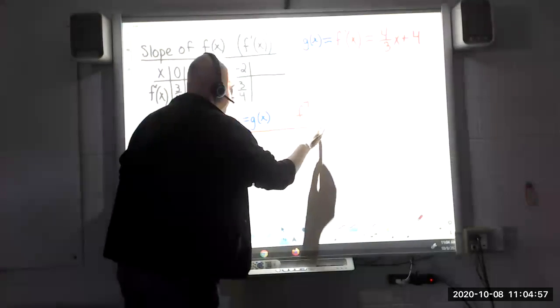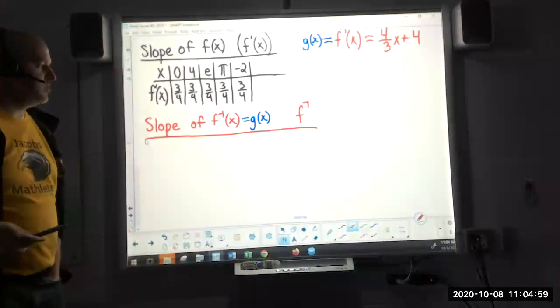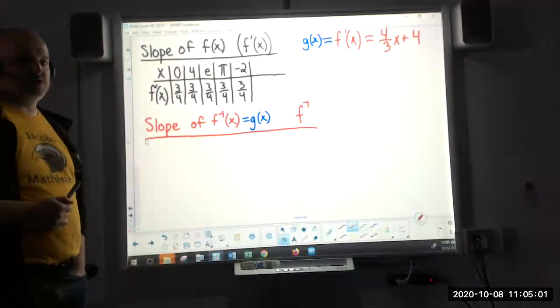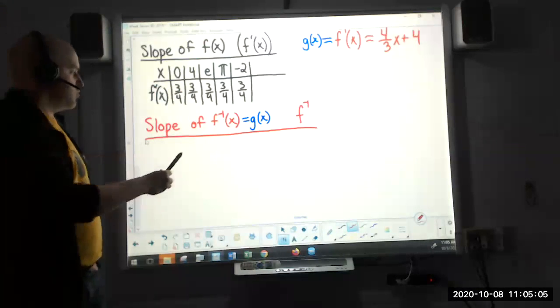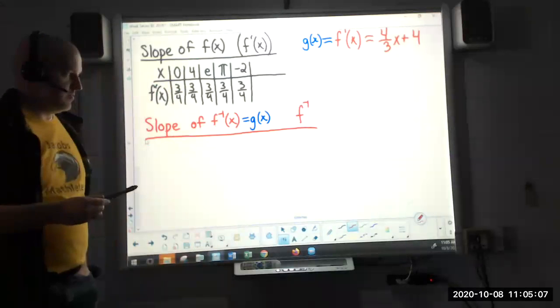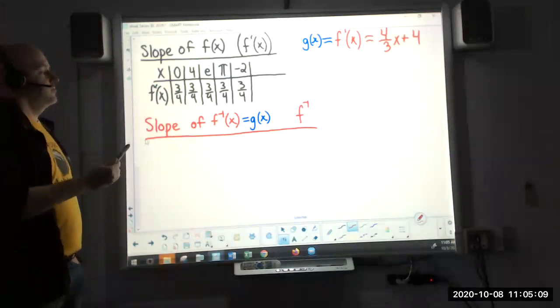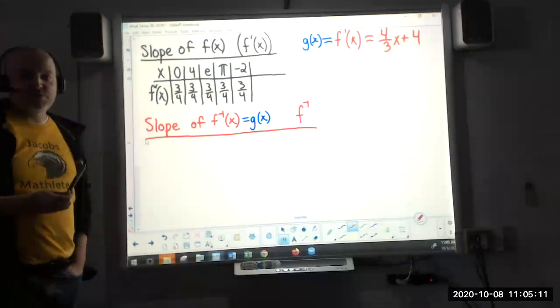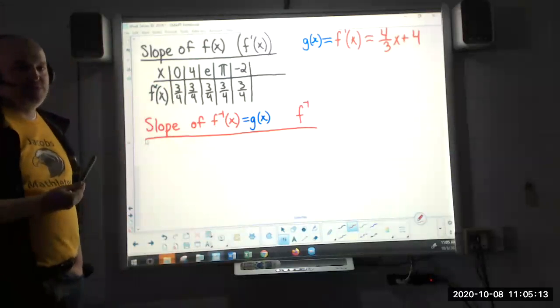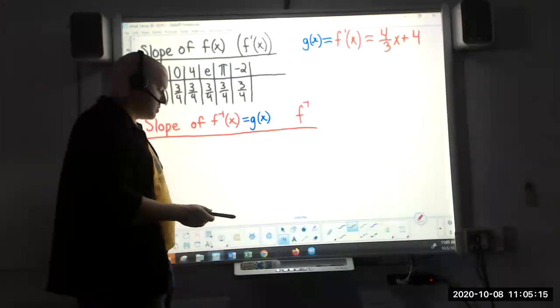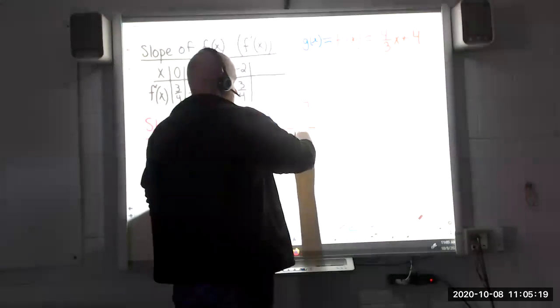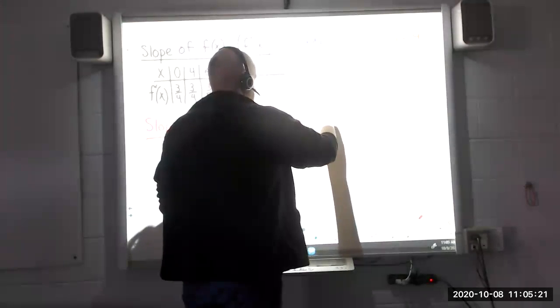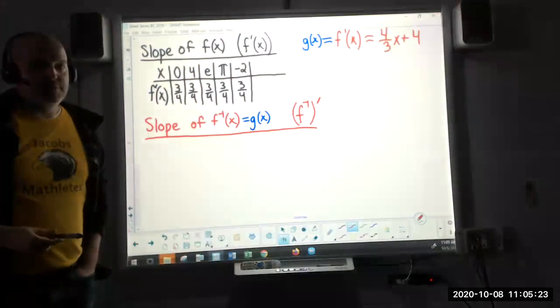And remember, f inverse of x is often going to be just referred to as a new function like g of x. So what I'm telling you is that this is a really good thing to write down all the time. Anyway, what I wanted to look at was the notation for the derivative of f inverse. So we start out by writing f inverse, and then we put parentheses and write prime.